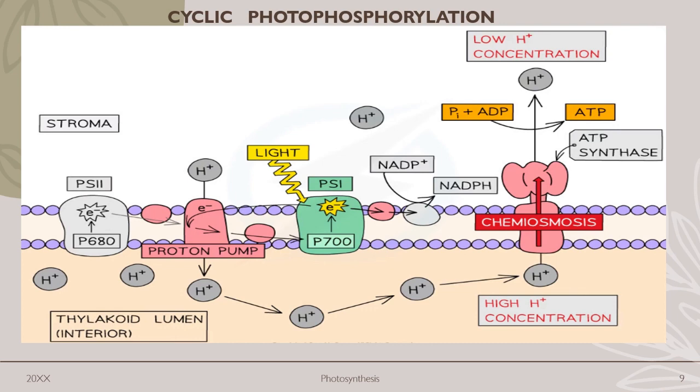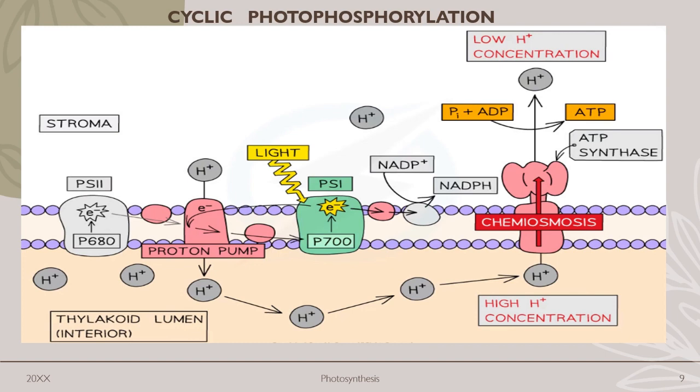And as we learned in respiration, ATP synthase revolves, and then an ADP molecule joins together with the inorganic phosphate to form ATP. Then the hydrogen ions are back in the stroma, and from there they're pumped back into the thylakoid lumen. This process goes on and on.